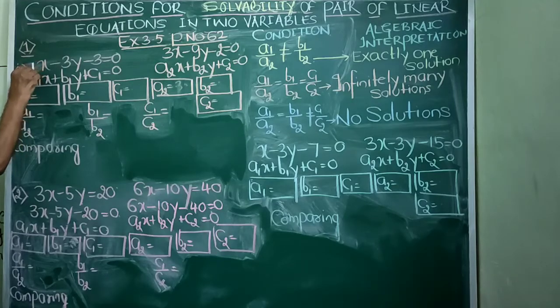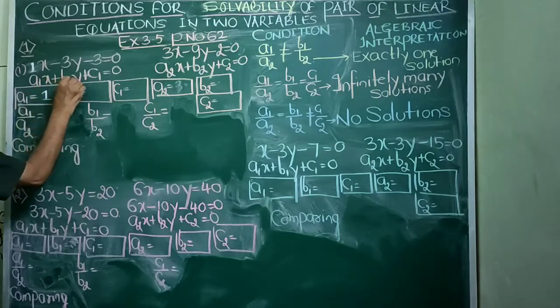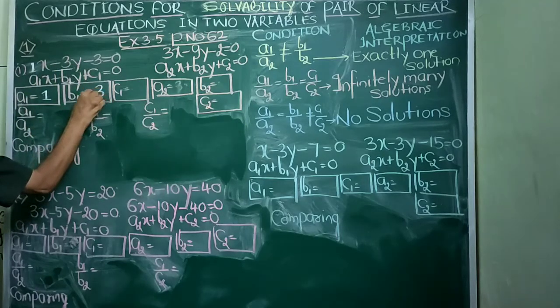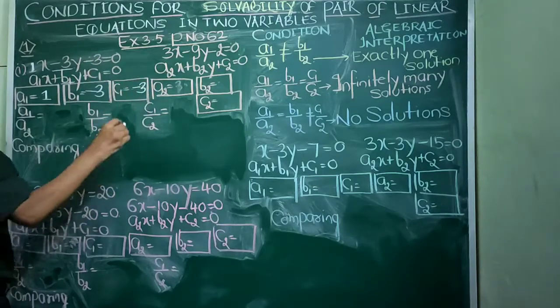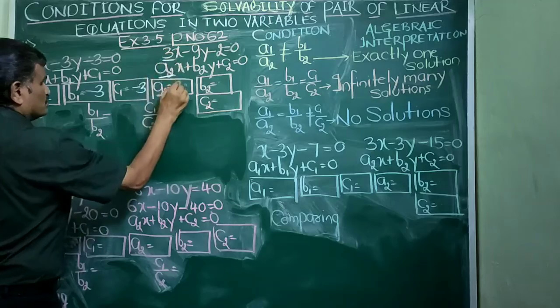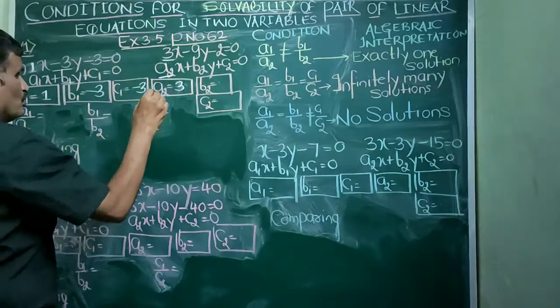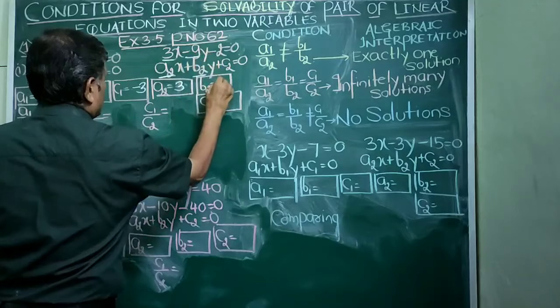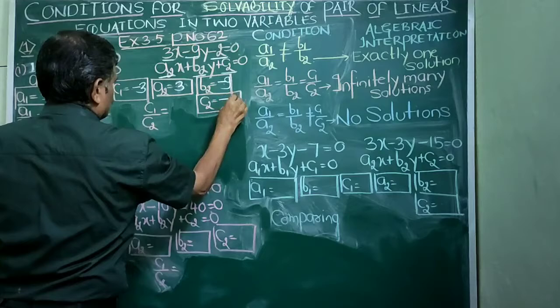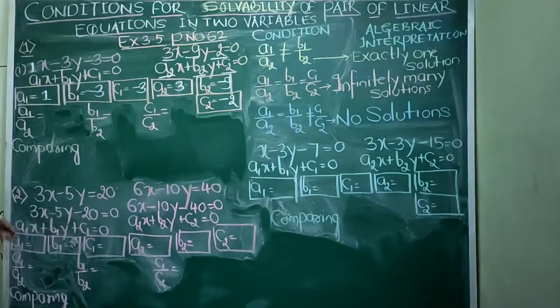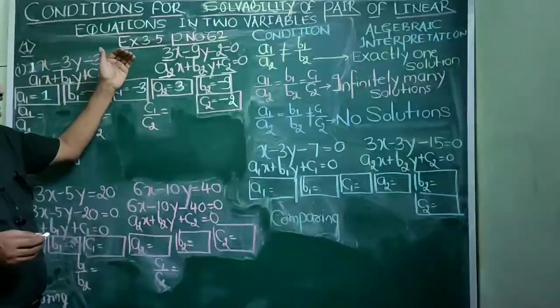The coefficient A1 is 1, B1 is -3, C1 is -3, A2 is 3, B2 is -9, and C2 is -2.